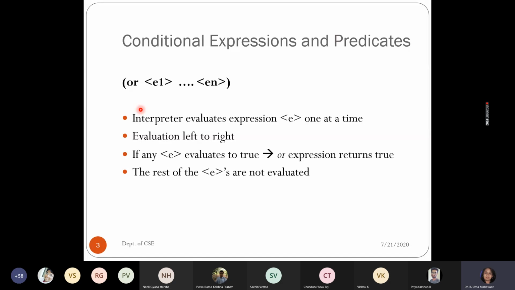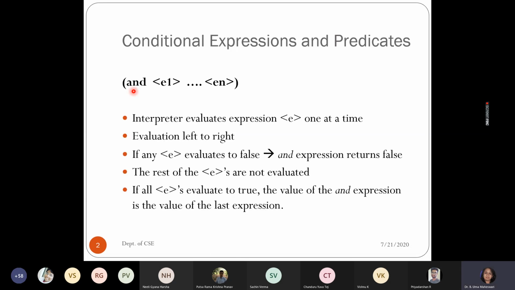In the Lisp language, plus, minus, all the primitive operators are called procedures. For each and every operator you have the equivalent machine instructions. So now can you say this or is a procedure? And if you say and is a procedure, what is your answer?